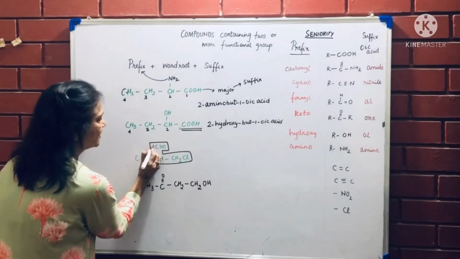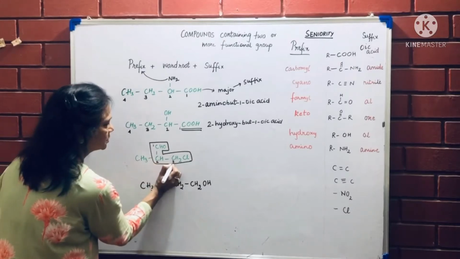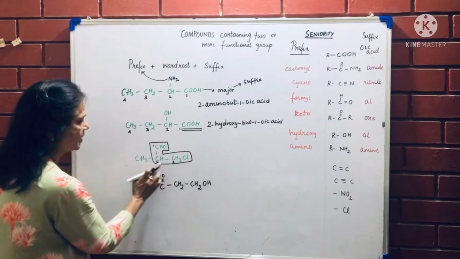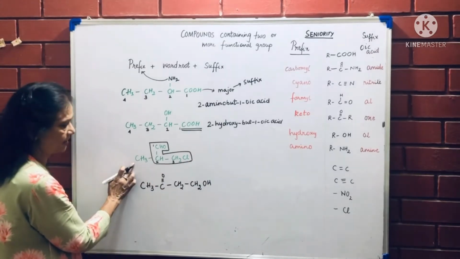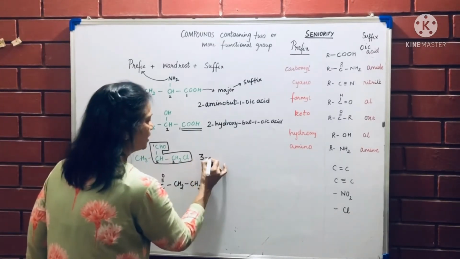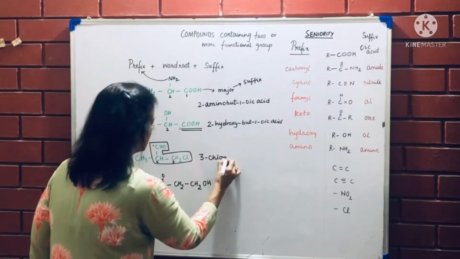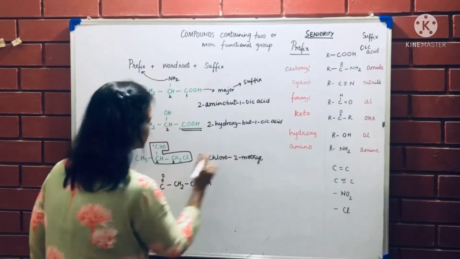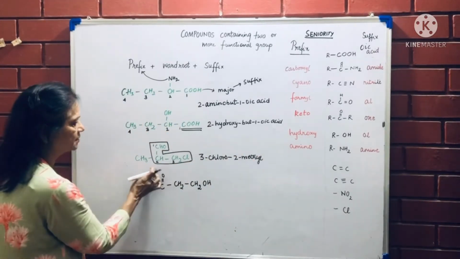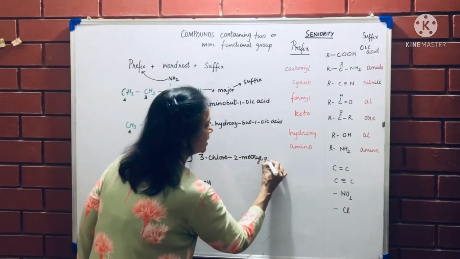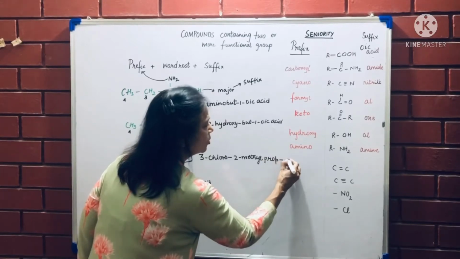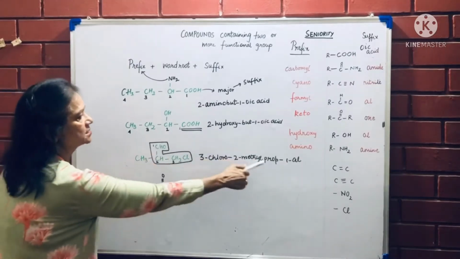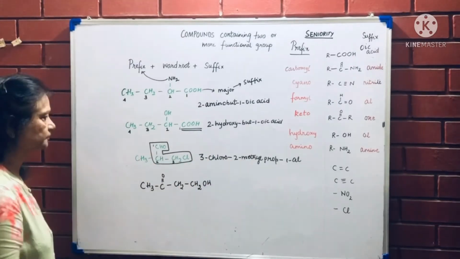So I'll give this place 1, 2, 3. At place 3 is the chloro group. At place 2 is the methyl group. So I'll write 3-chloro, 2-methyl. Both these are in the prefix before the compound. Then the chain is of 3 carbon atoms, so it becomes prop-1-al, because aldehyde has to be taken as al.